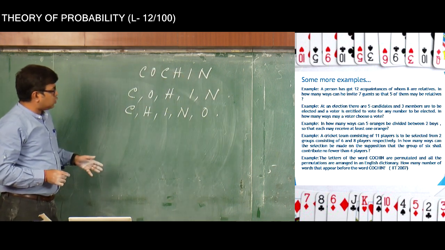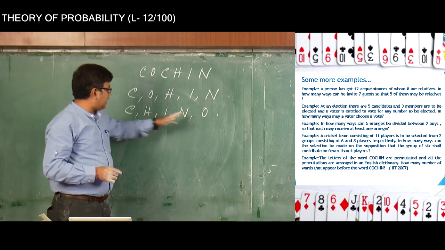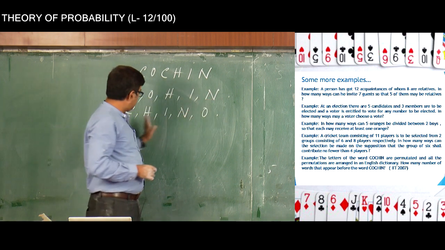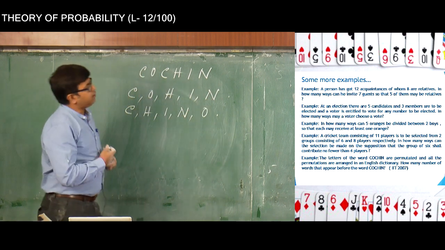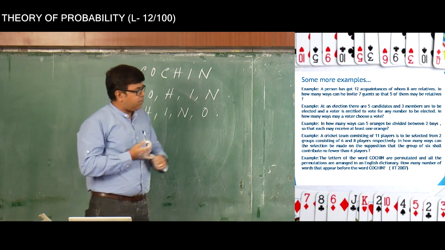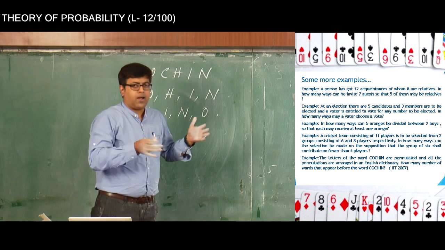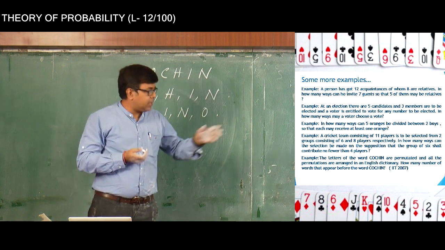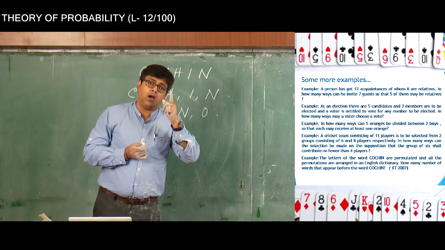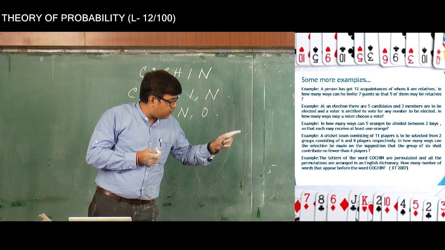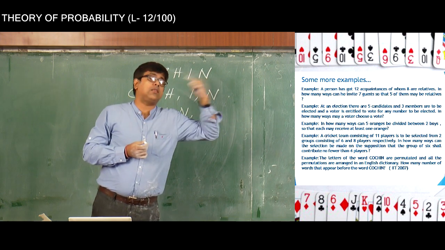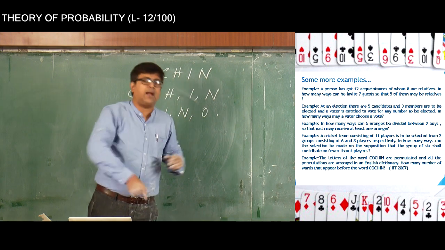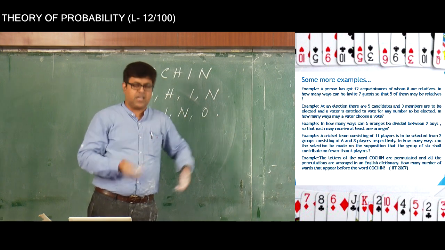So, if I want to arrange them alphabetically with these letters only, this is the order. Now, I want to permute them. I can arrange the word Cochin in a number of ways. But I have to consider the arrangement and find out how many words are there before the word Cochin if I am arranging them in a dictionary after the arrangement has taken place.